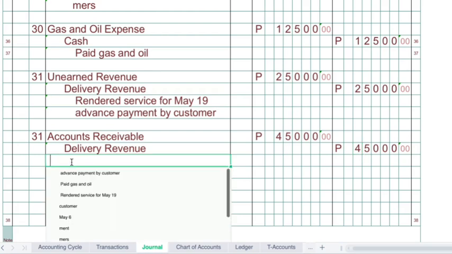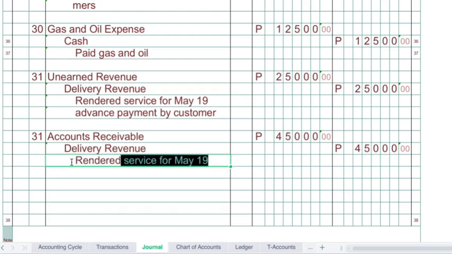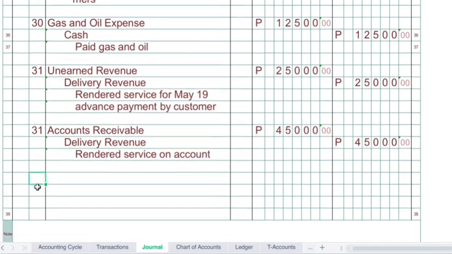Alright. And then brief description, we'll have rendered service on account. So, meron tayong ma-receive from the customer in the future.